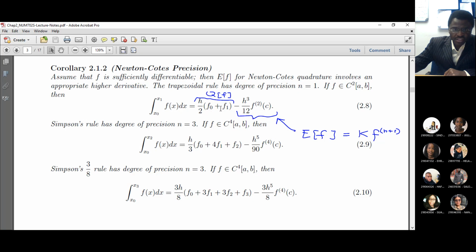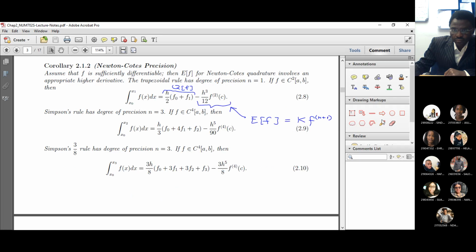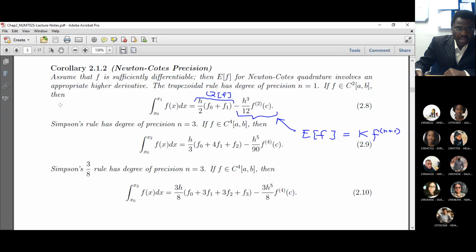Number of function evaluations, 2. I will call dp the degree of precision.